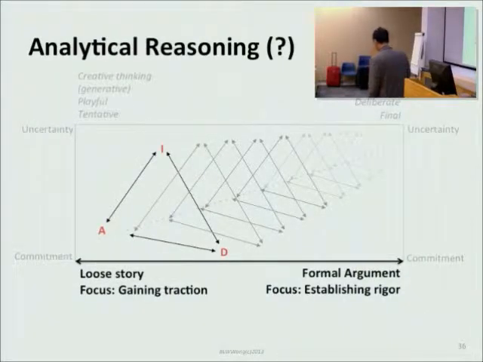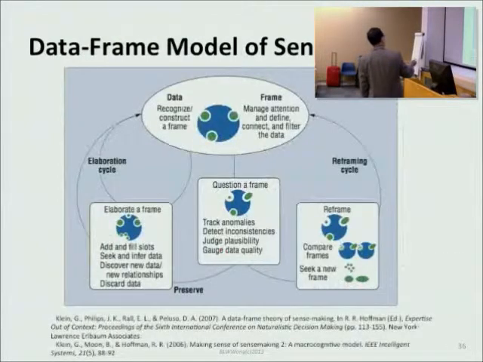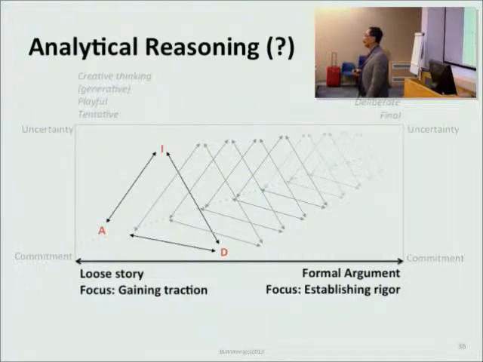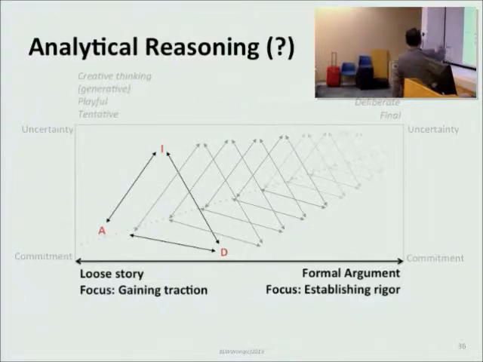Now, what goes on here allows us to come to this particular model of how we think the analysts could start thinking. Some of you have seen this particular slide. What we have basically is two ends of a spectrum. On this end, we have a very loose story. I am presented with a bunch of data.